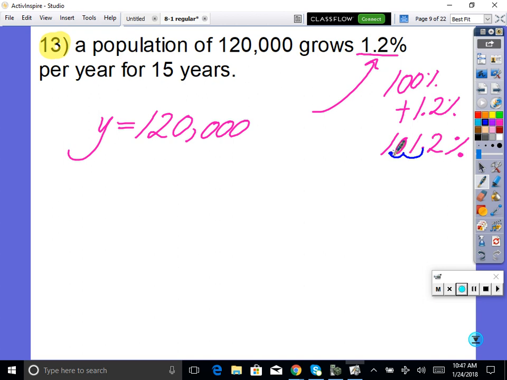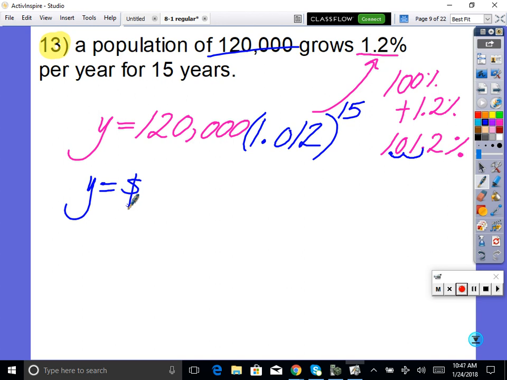Move it 1, 2. So we're going to have 1.012. Now that makes sense. 101.2%. And that's raised to the 15 years. So this population, it didn't say of what? People, rabbits, snakes.